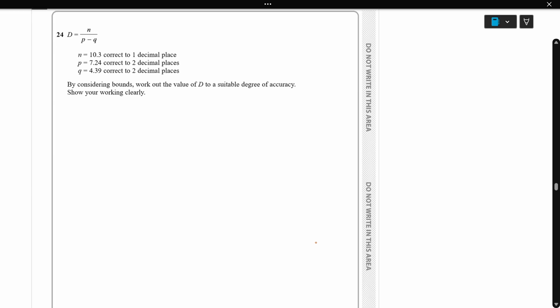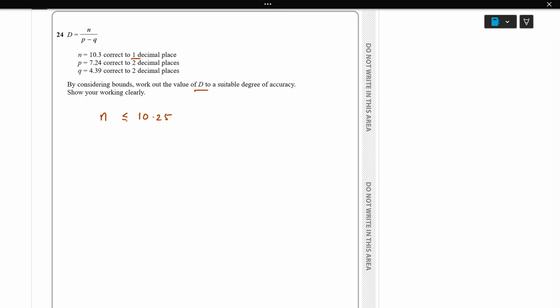Next question number 24 is bounds. So by considering the bounds, work out the value of d to a suitable degree of accuracy. They never say upper bound or lower bound, so we need to find both. First for n, the upper bound: it is given to one decimal place, so the upper bound is 10.35 and the lower one is 10.25.